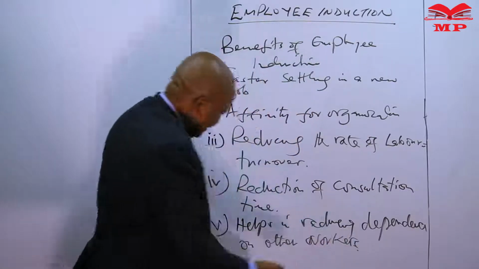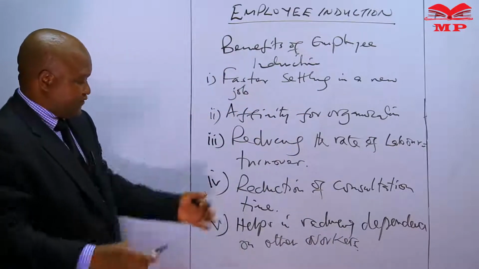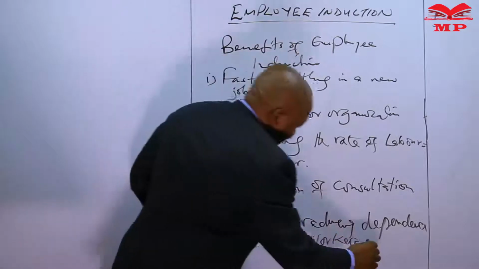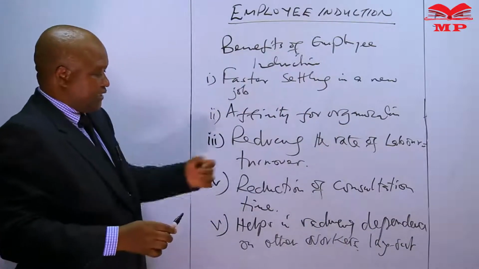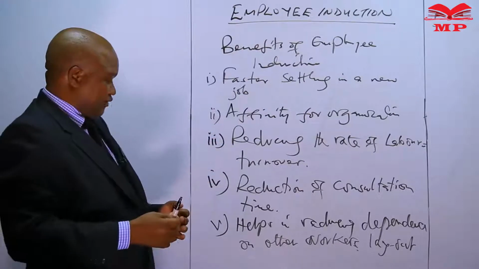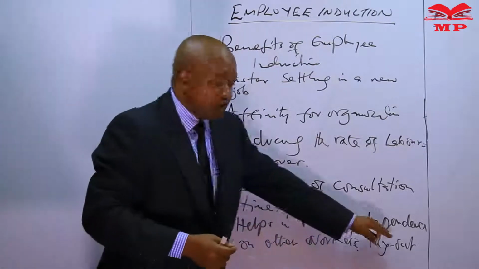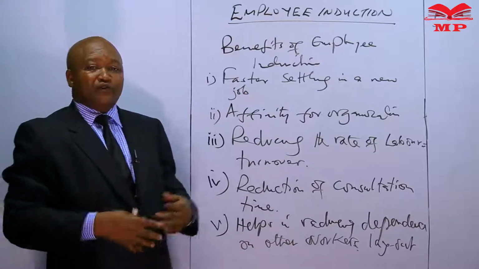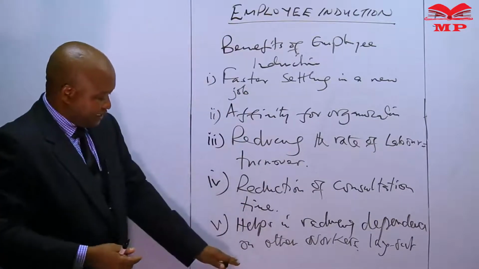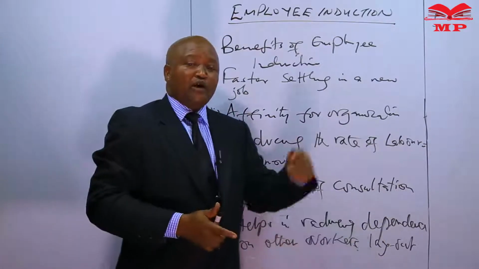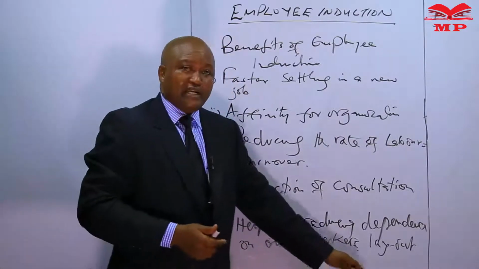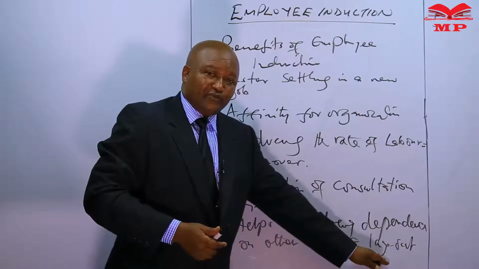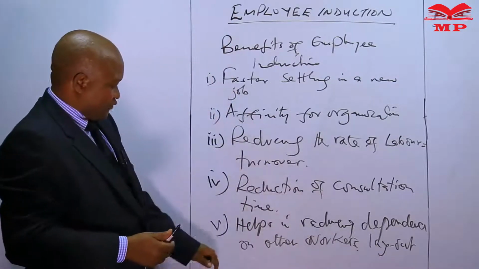Now, what this implies is that an employee who has been oriented, for instance, through the layout, has been taken through the layout of any one given organization, is able to move within that particular organization freely without having to depend on other employees to ask for directions. If, for example, a meeting is supposed to be held in Block A, the worker will know where Block A is and is able to move, is able to get work done, is able to deliver what is supposed to be delivered in the shortest time possible.